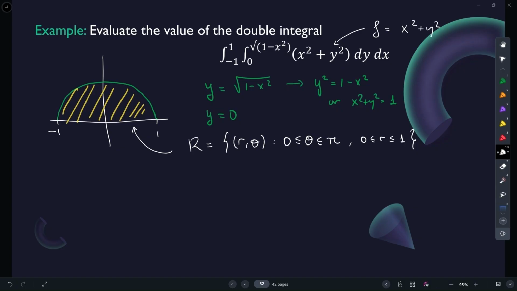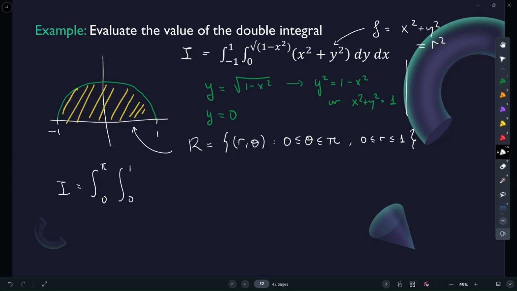Now, if this is my integral, I can translate it to polar coordinates. I'm going to integrate over that region in polar. So it goes between 0 and pi, between 0 and 1, of the function. But notice that this is r squared.